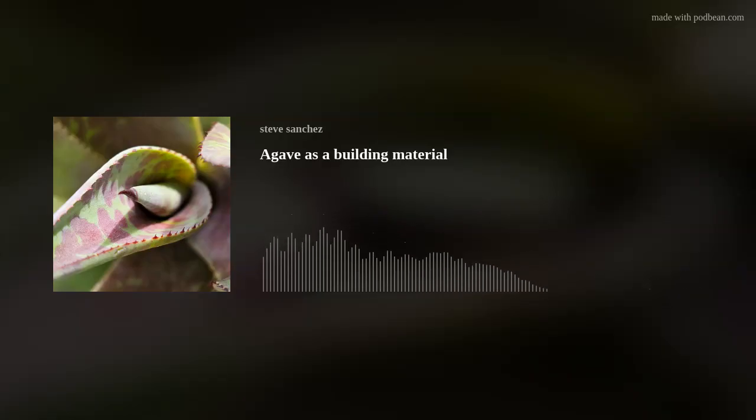You see this 4-foot by 8-foot sheet of plywood, but it really was thousands of little wood particles put together. So you could do something very similar with agave fiber, especially from the stalk, which is, I would say, the toughest portion.